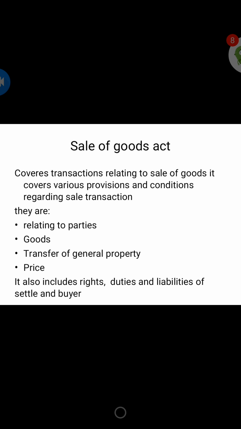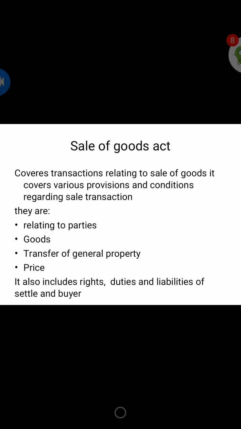There should be at least two parties: one is the buyer and the next is the seller, to carry out the agreement or transaction. The next is goods. Goods means movable goods here. Transactions involving the sale of immovable property are out of the purview of the Sale of Goods Act.